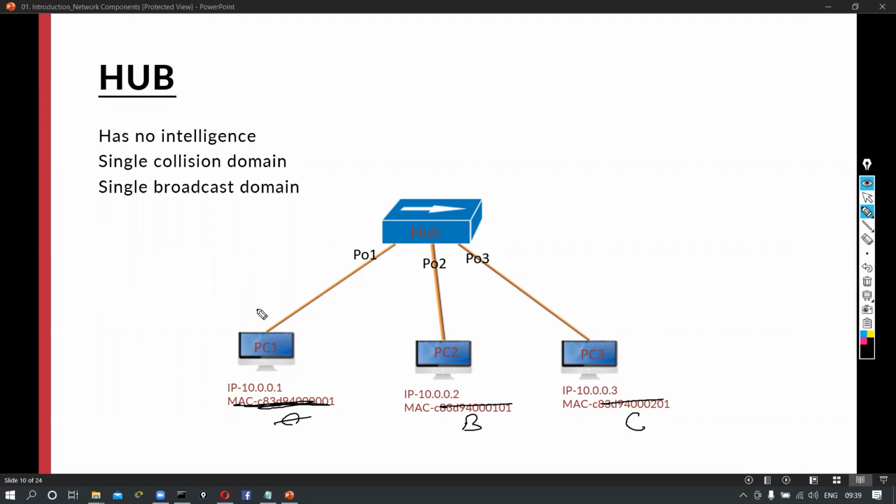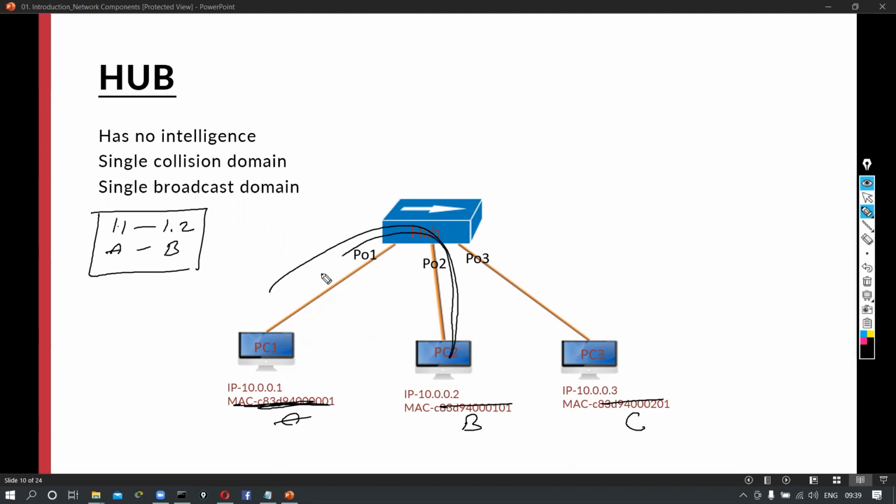Now, first communication will happen from 1.1 to 1.2, that means A to B. This is the requirement. One-to-one communication will happen.